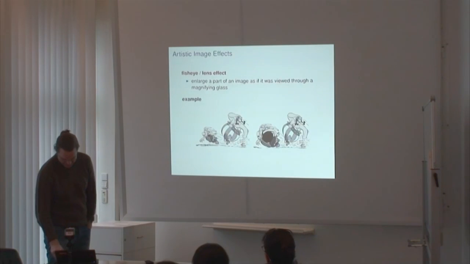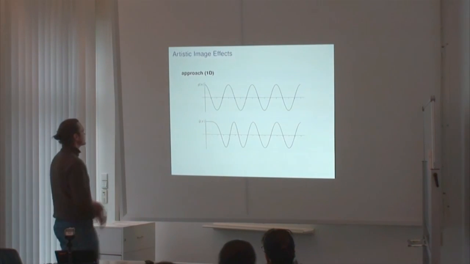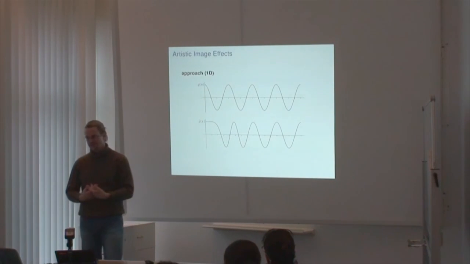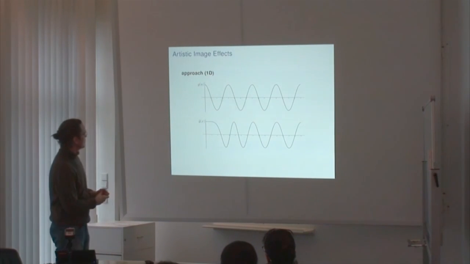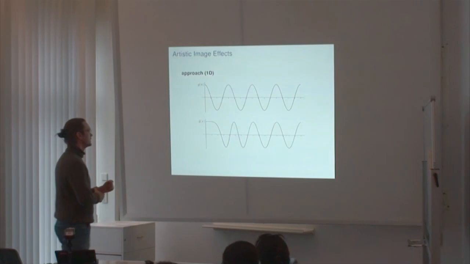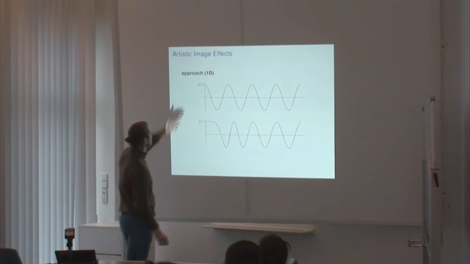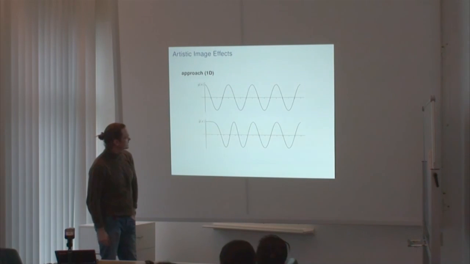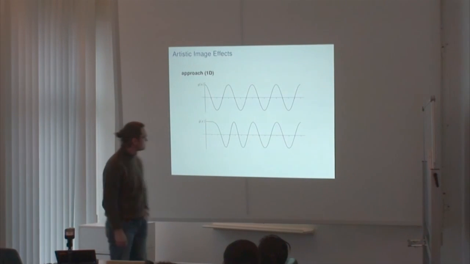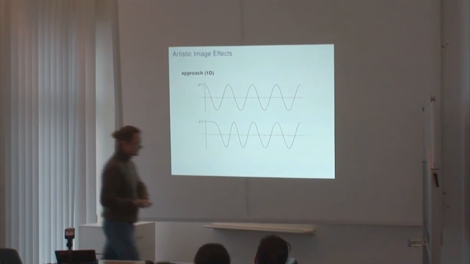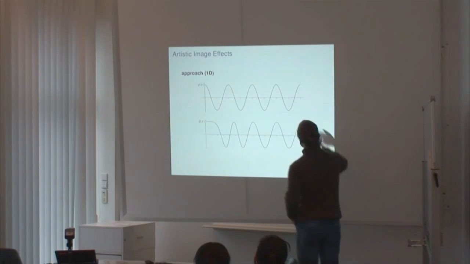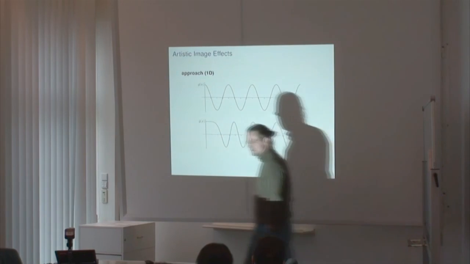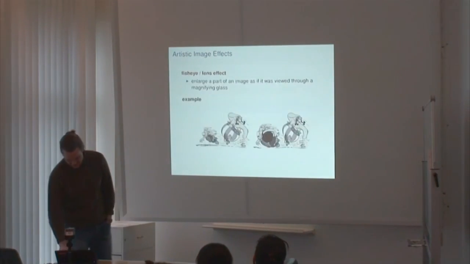How do we do that? Here is the general idea. Now, what does it mean to magnify something? To understand this, I have brought you a one-dimensional function. Let's call it g of u, and here's a warped function. Apparently, the difference between the two functions over here, there is no difference.